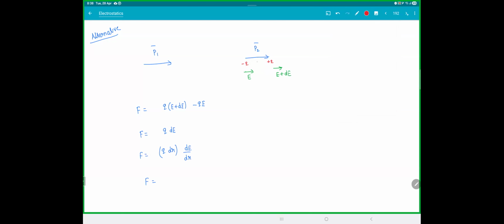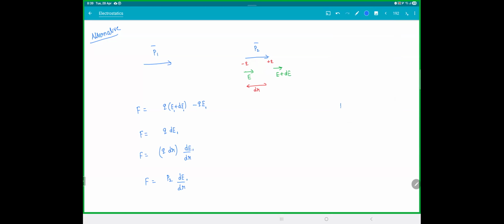So I'll take this distance to be dr. That becomes your P2, and this becomes dE by dr. E due to whom? E due to the first dipole.